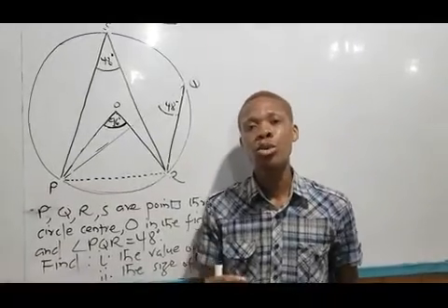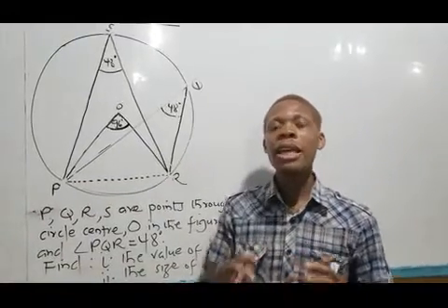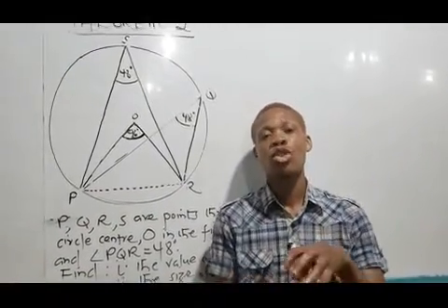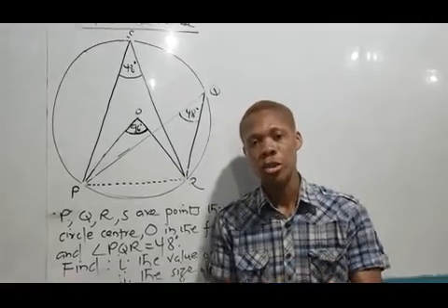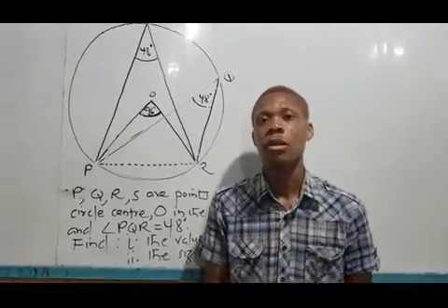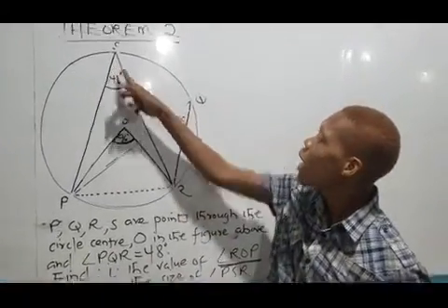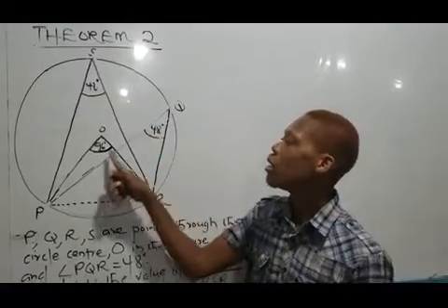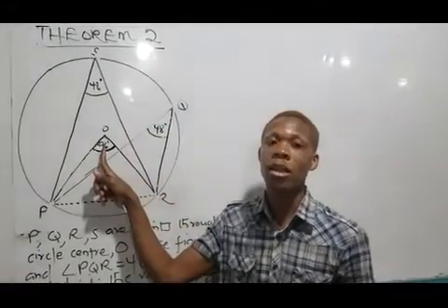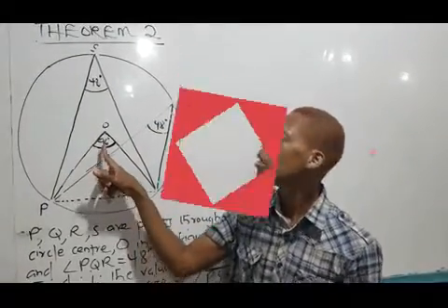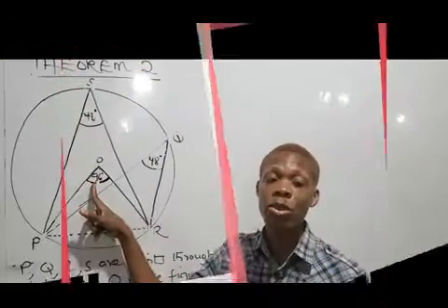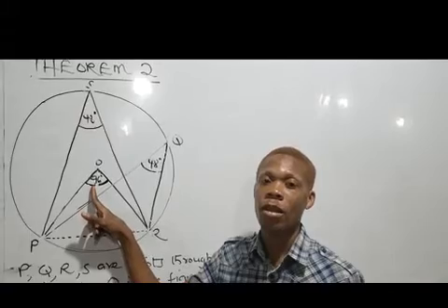Now, as a first rule, anytime you have theorem 1 and theorem 2 in any given question, when you add the two angles subtended at the circumference, it should always give you the angle at the center. So if I add these two, it will always give you the angle at the center here.